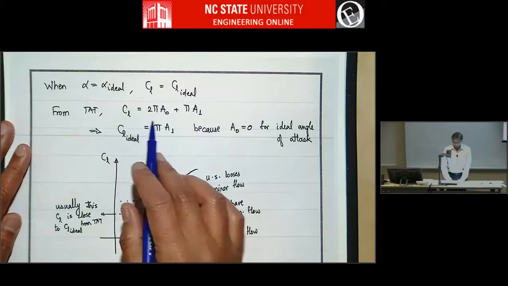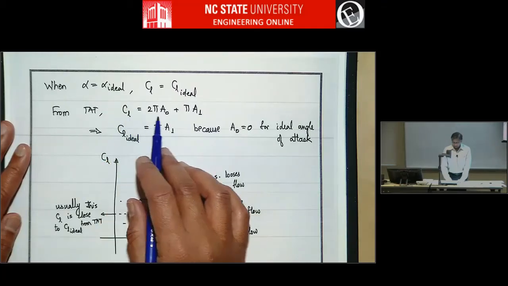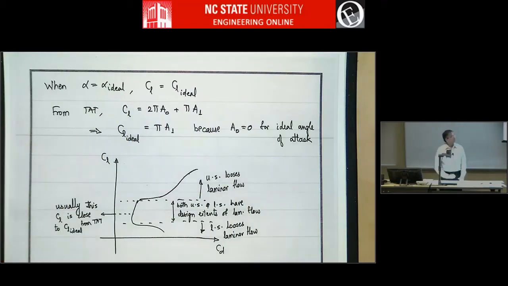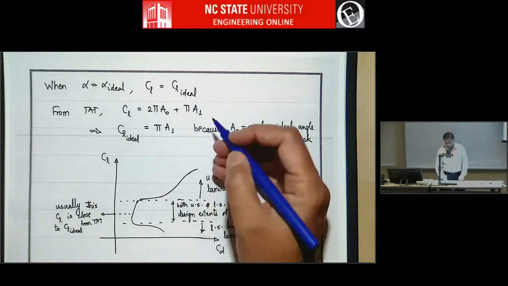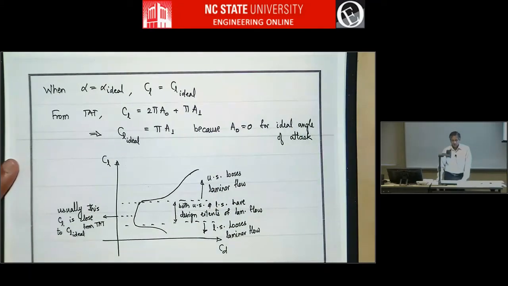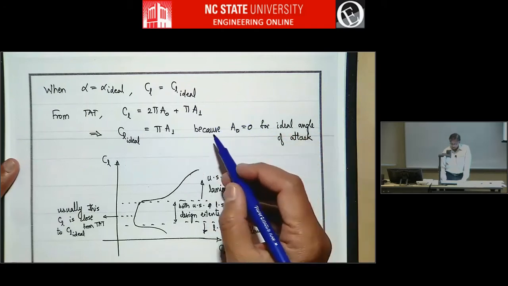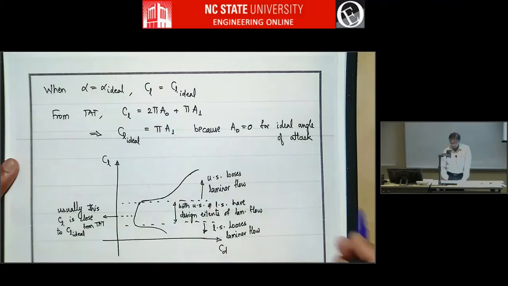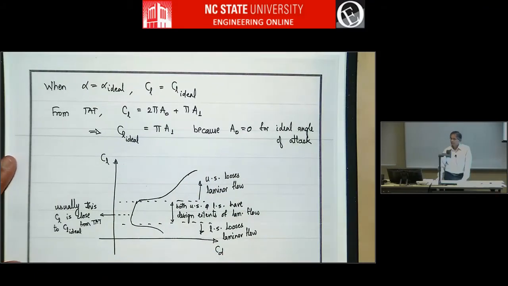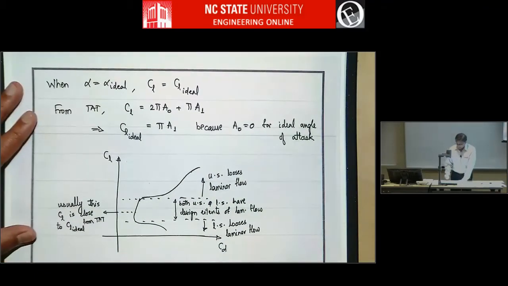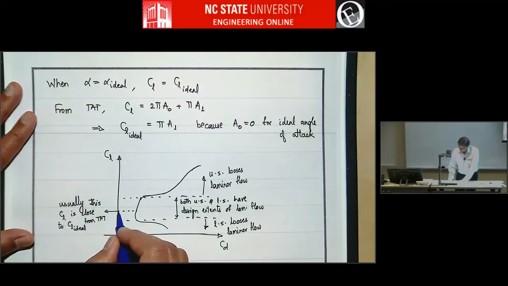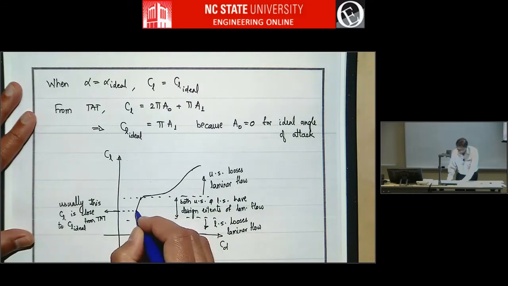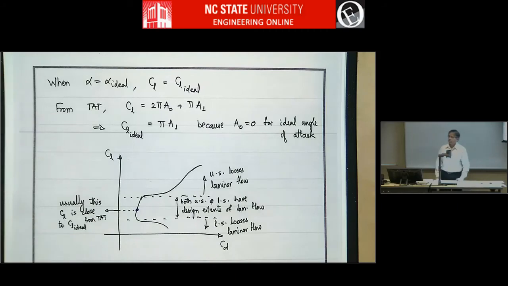And from thin airfoil theory, we know that this is the equation for CL: lift coefficient is 2 pi A0 plus pi times A1. That means at the ideal condition A0 is 0, so this term will go away, so CL ideal is pi times A1. And for most airfoils, that CL ideal will correspond to approximately the middle of the drag bucket.